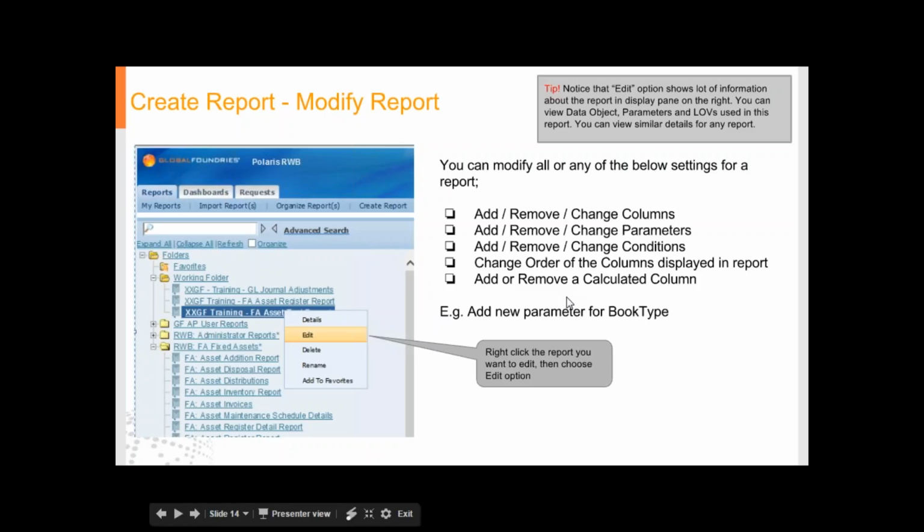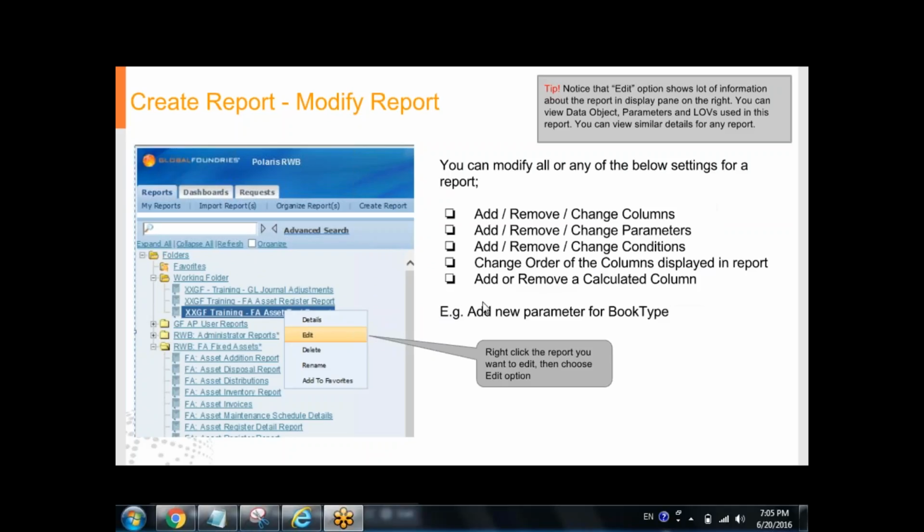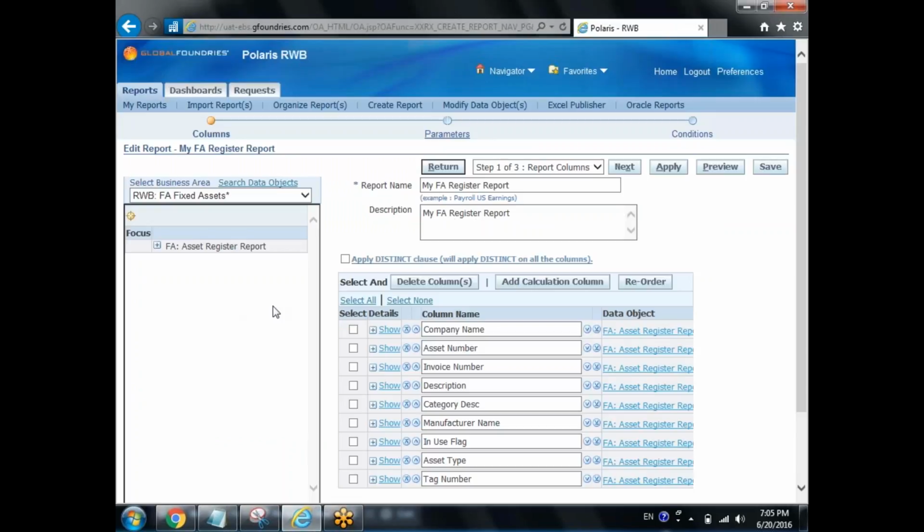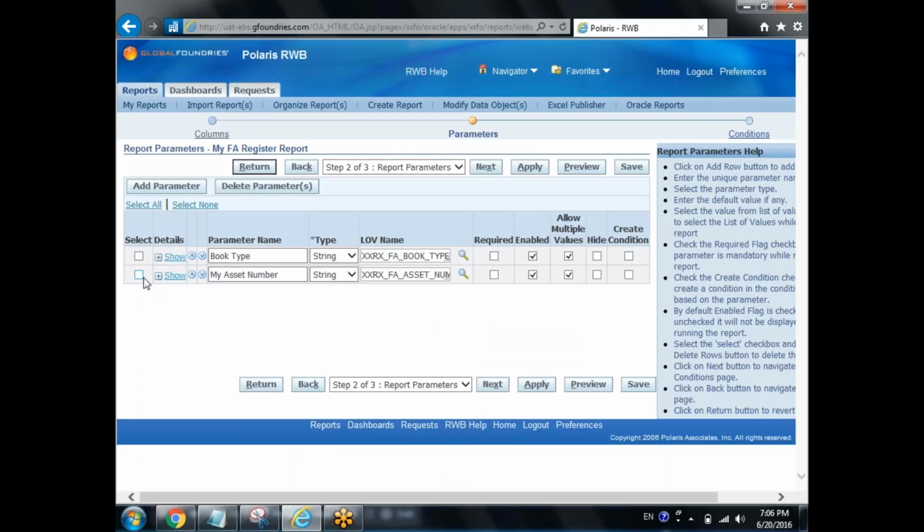So there were questions about how do I add multiple columns, and can I select multiple values for a particular parameter. So we looked at that as an example for the FA report that we designed, how I can add as many parameters as I can.